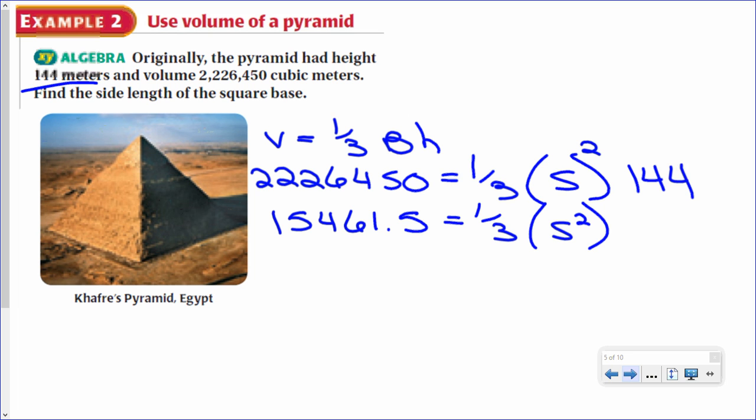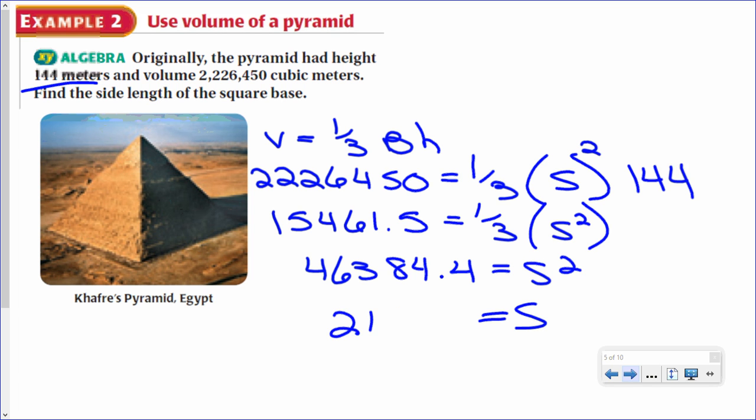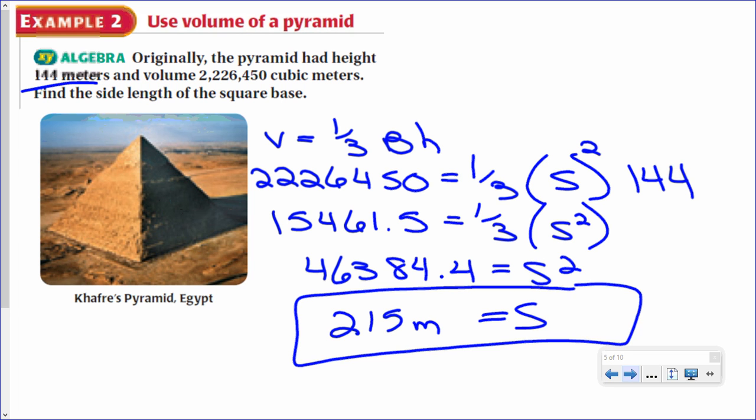Second step, multiply both sides by 3. Take the square root of both sides. Now it's just meters. The side is 215 meters.